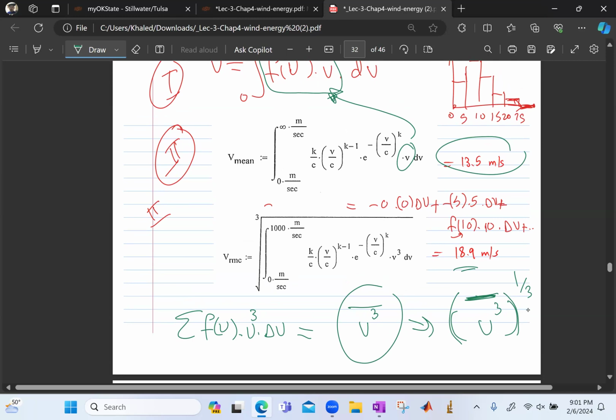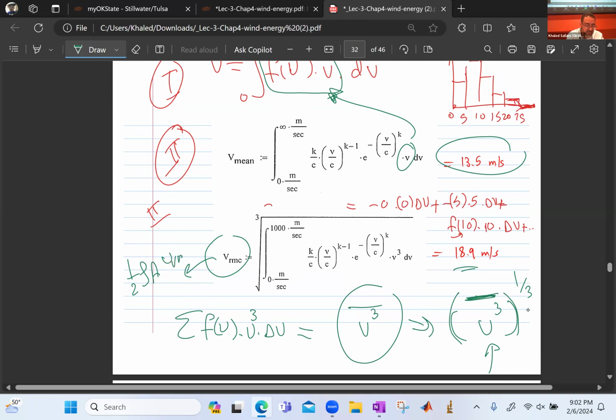Can I use this to calculate how much power that site will provide for me? No. You need this one. What is that velocity? It's the cubic root of the average v cube. So now when it comes to the power, you would say it's half rho A, but not v average cubed.